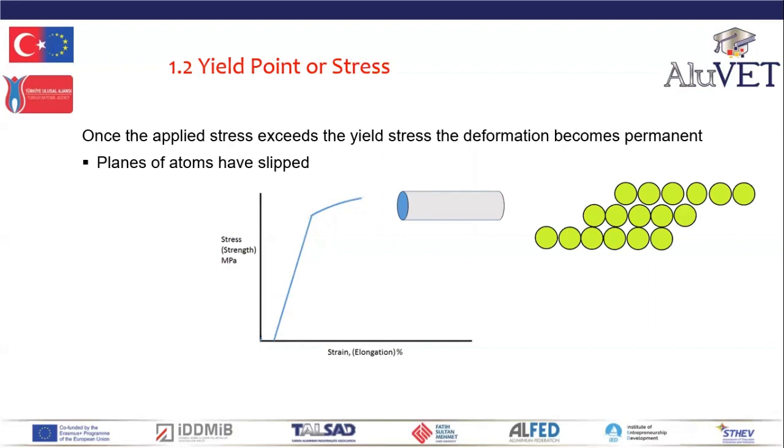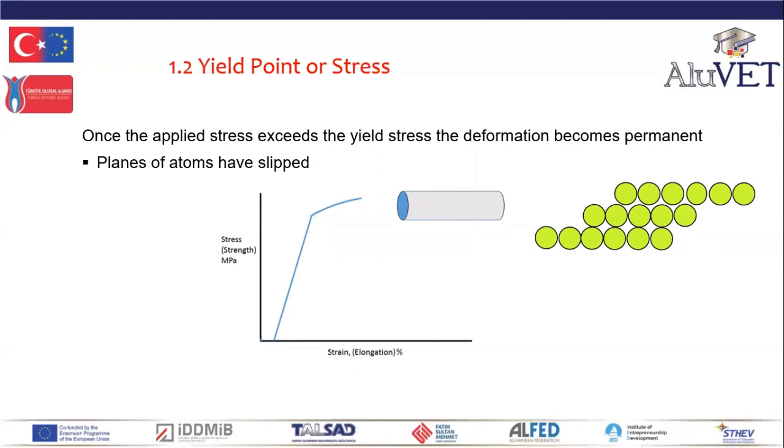What's happened? Once the applied stress exceeds the yield stress, the deformation becomes permanent. The planes of atoms have slipped. They have moved past each other. You can see in the diagram, they have slipped. The slip in the planes of atoms results in a shape change of the metals.